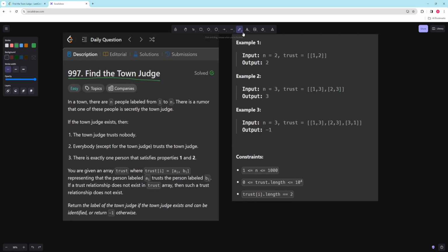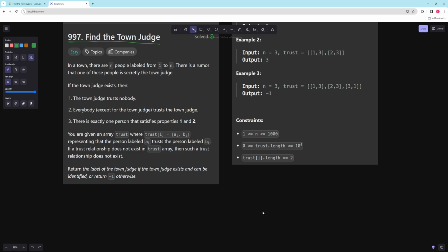So this problem is basically just can you build a graph? All you need is a couple of data structures, or you can combine them into one. The first says for every number 1 through n, calculate how many people that number trusts.